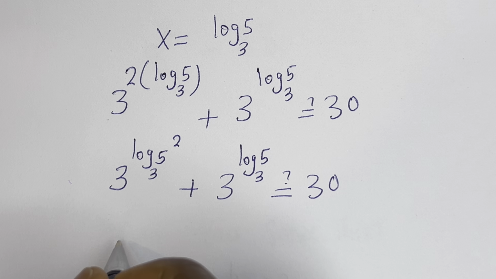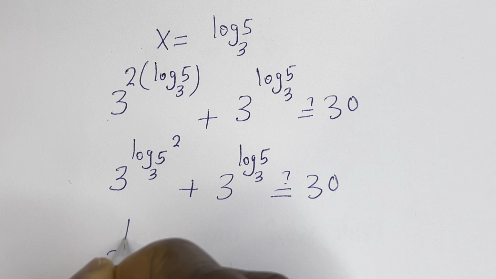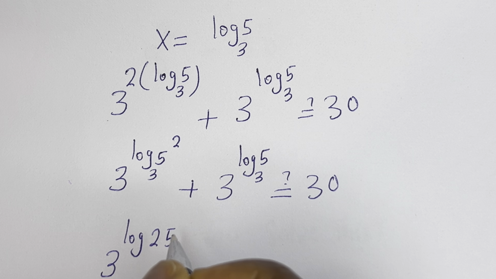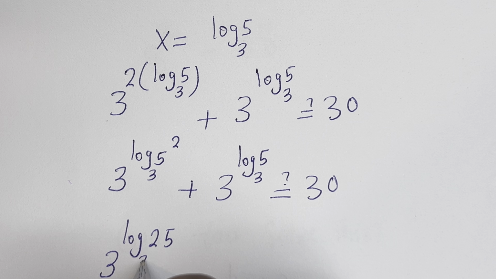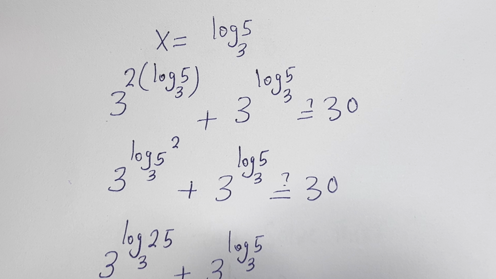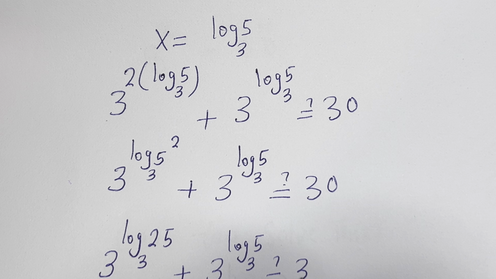Now here we have 3 to the power of log 25 base 3 plus 3 to the power of log 5 base 3 must be equal to 30.